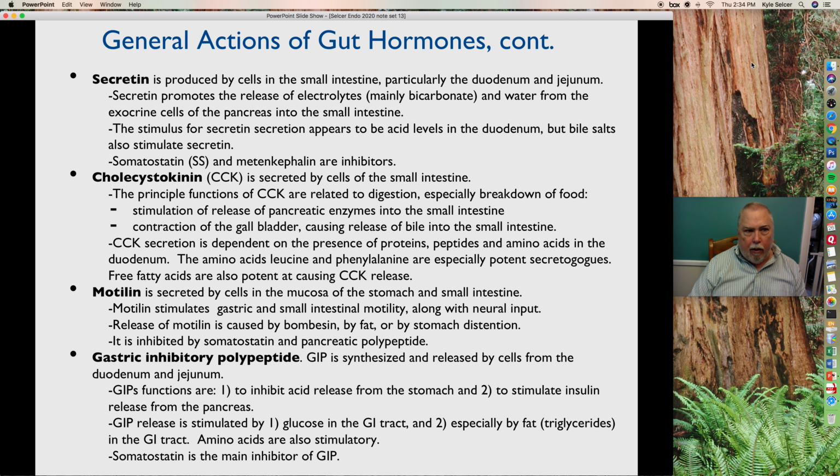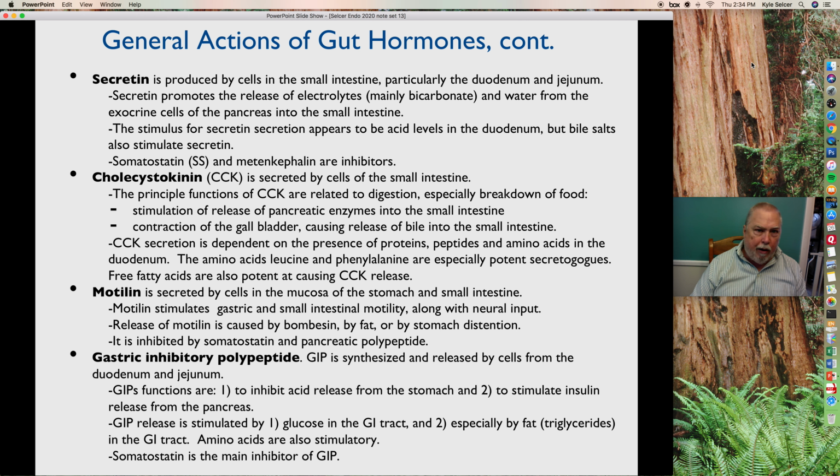Secretin is produced by cells in the small intestine, particularly duodenum and jejunum. Secretin promotes the release of electrolytes, mainly bicarbonate, and water from the exocrine cells of the pancreas. So secretin is going to produce bicarbonate, which is going to neutralize that acid in the small intestine. The end of the stomach only has one enzyme acting in it, and that's pepsin.